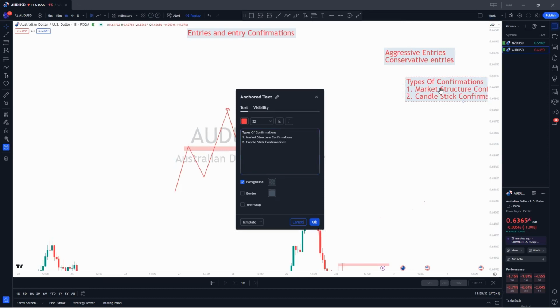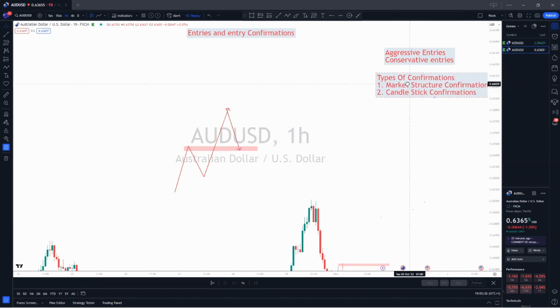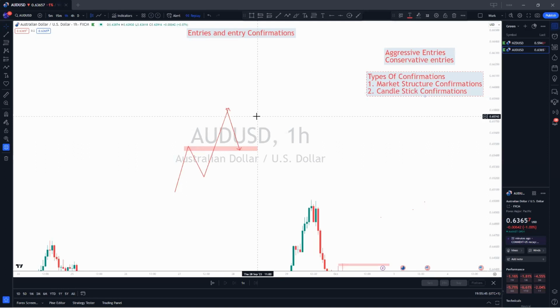These are the two types of confirmations you look out for once price actually enters your zone. So you either look out for market structure confirmations or candlestick confirmations.